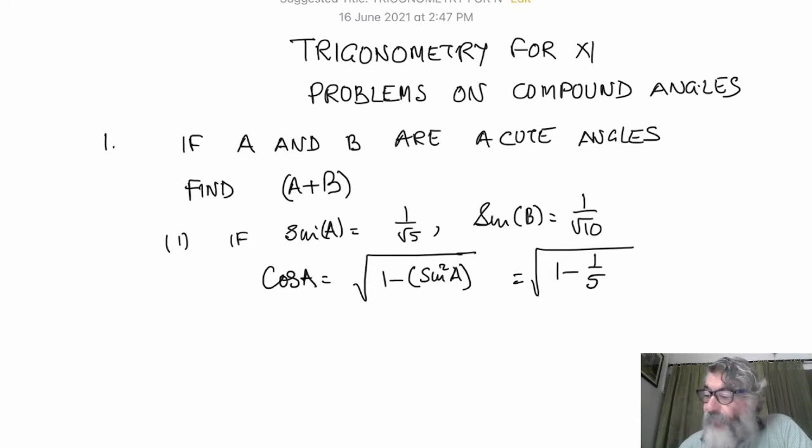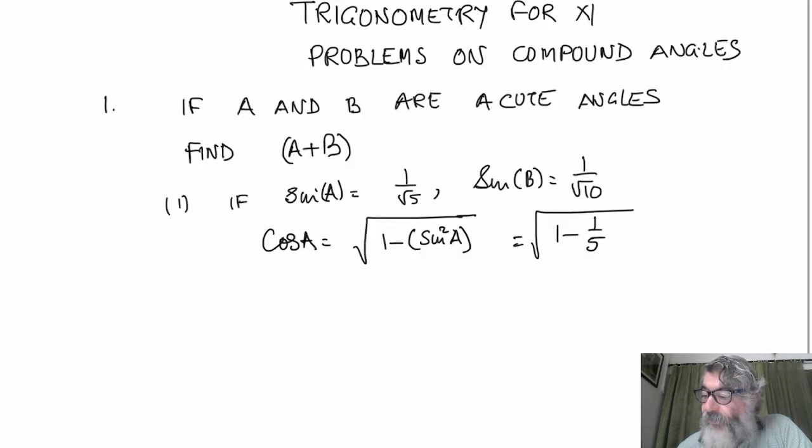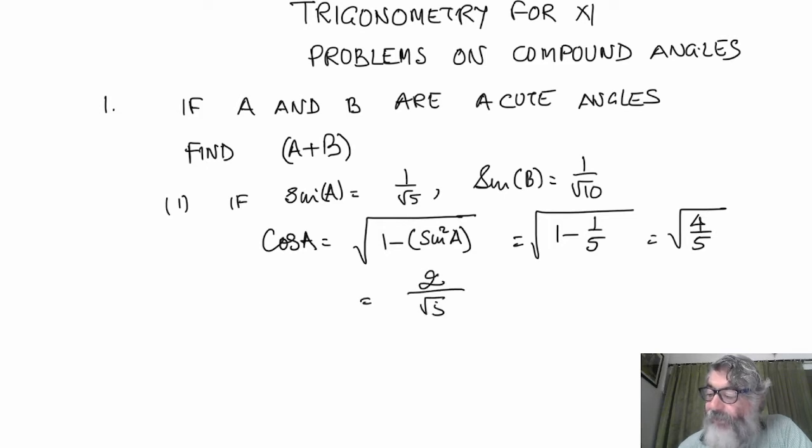That will become 4 upon 5 under root, which comes out as 2 upon root 5. Whenever you take out under root, you always put modulus, so we'll take 2 upon root 5 only. We are not taking negative numbers when you take a square root.